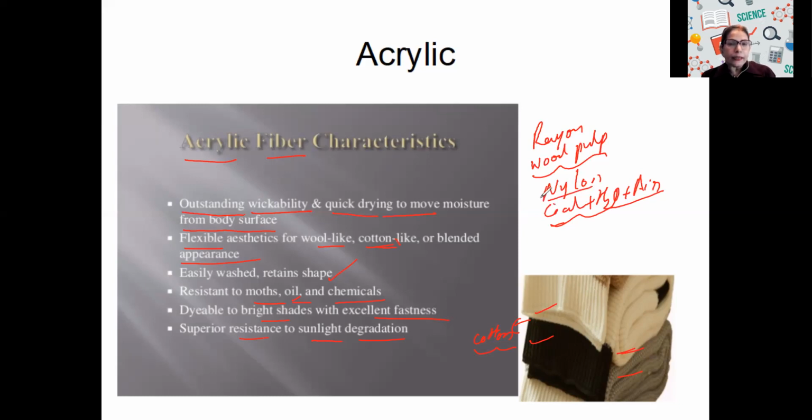Then nylon fabric or nylon clothes dry up very easily. They're very lightweight. They are elastic. They're easy to wash. They're easy to dry. And you get them in a number of colors also. And they're very strong, very important.